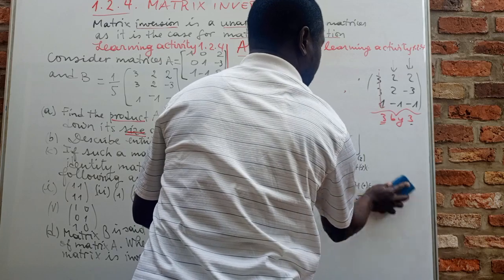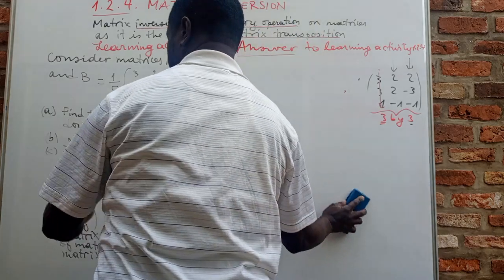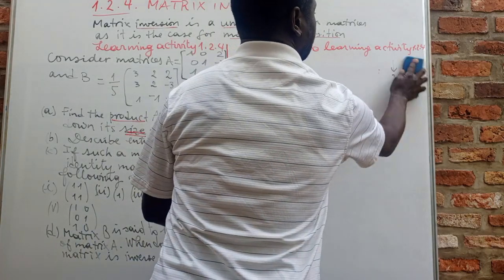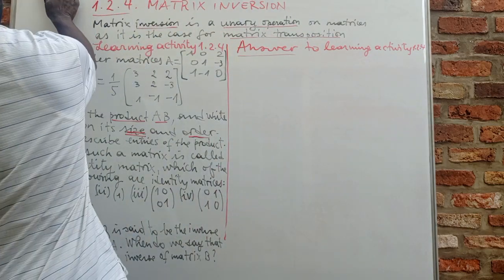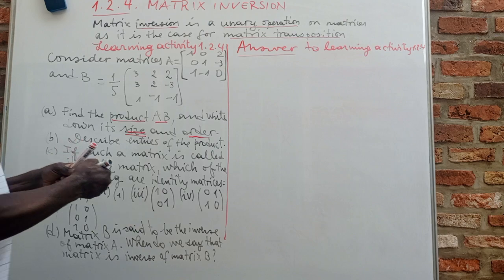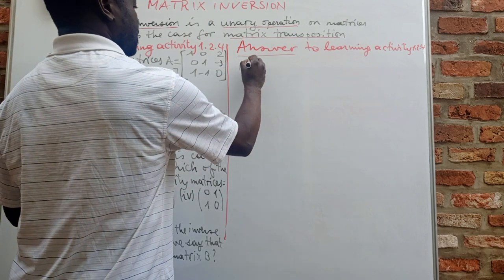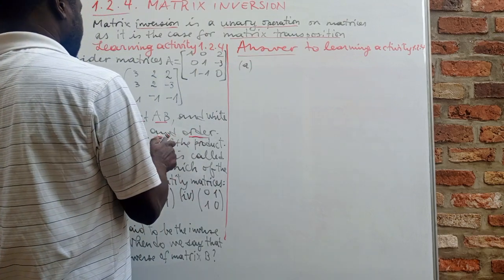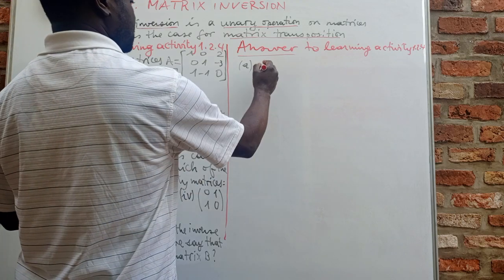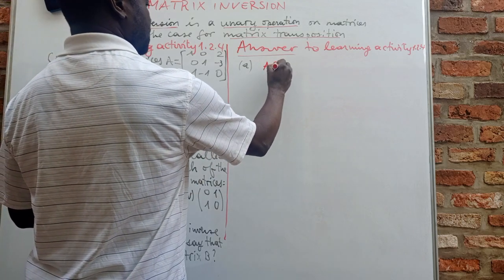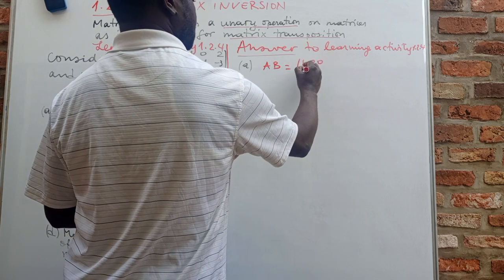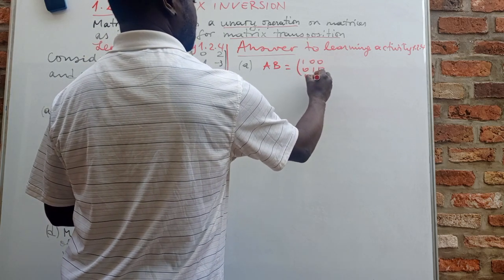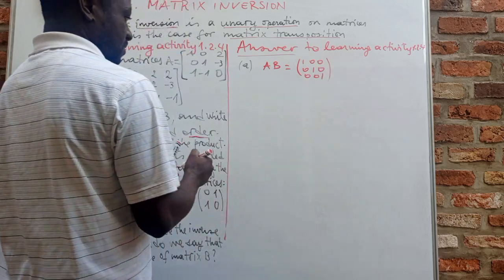Before moving on, in question A, we have already calculated the product A times B is equal to 1 0 0, 0 1 0, 0 0 1.